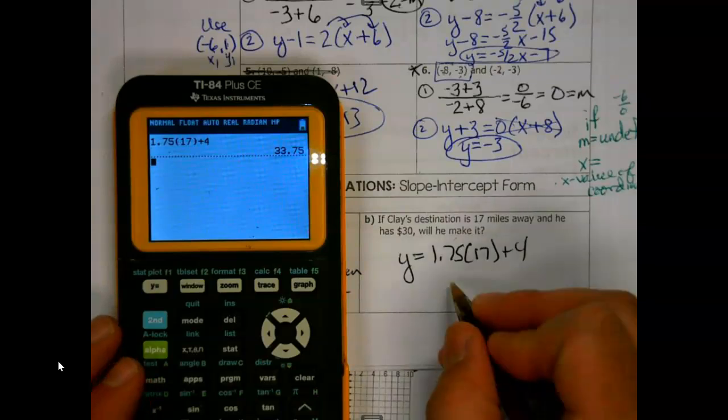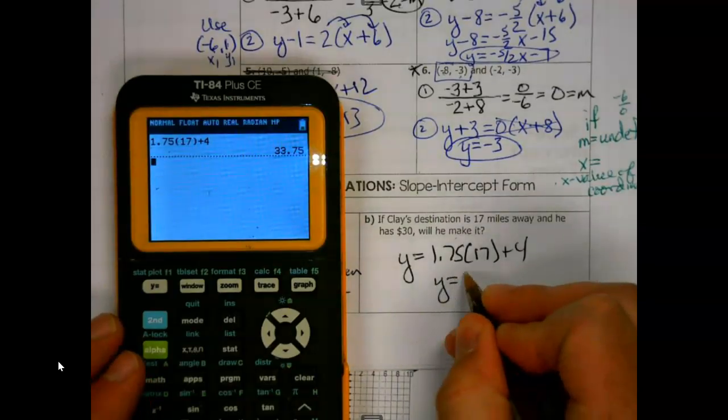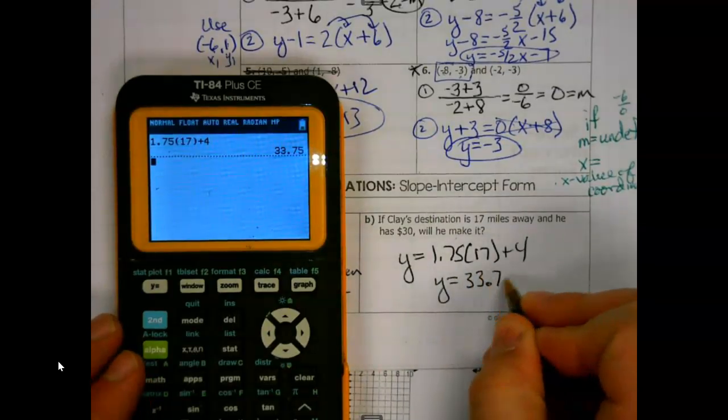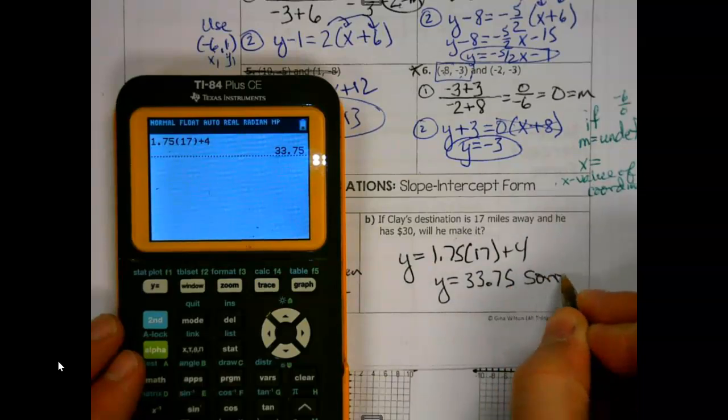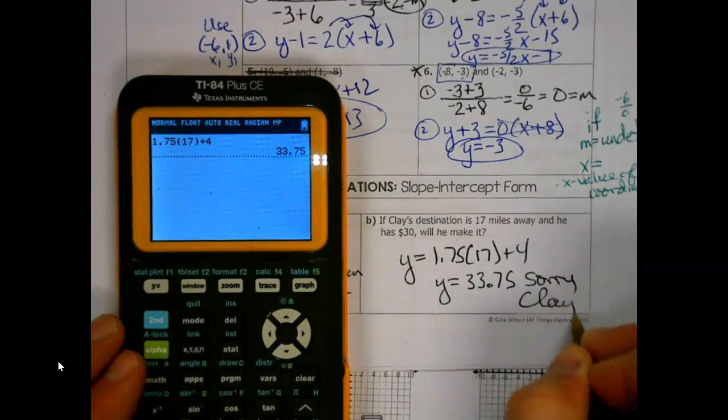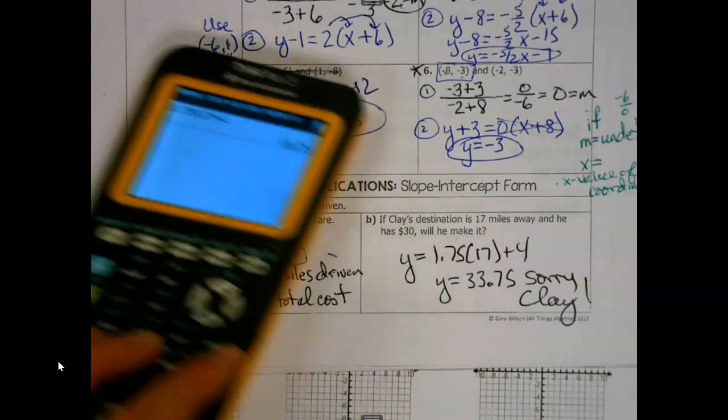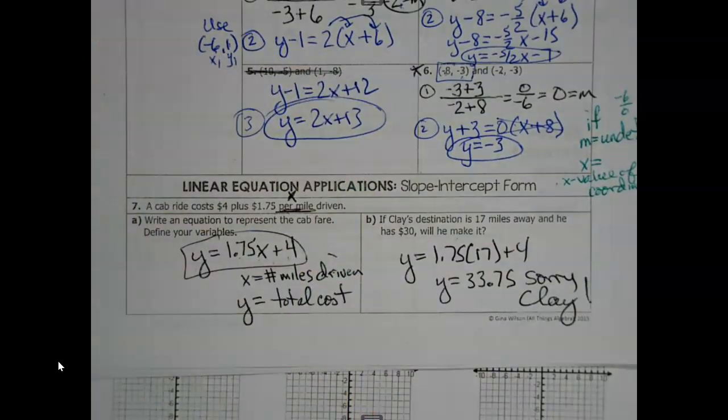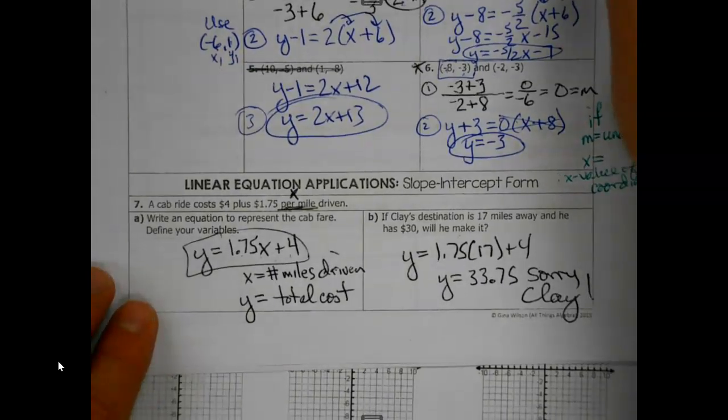Oh, no. Clay's going to be hitchhiking or walking. I'm not sure which, but he ain't going to be riding in the cab because he does not have enough cash. Oh, Clay. Gotta think ahead.